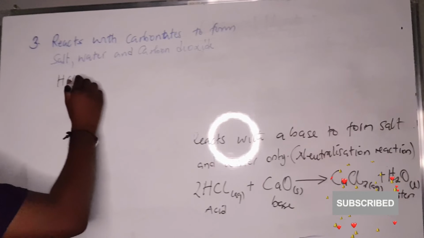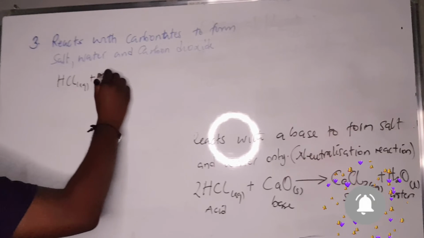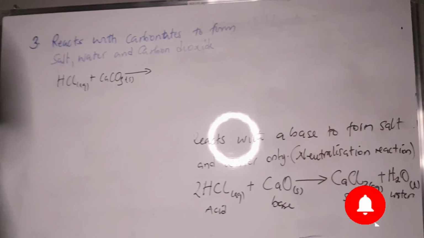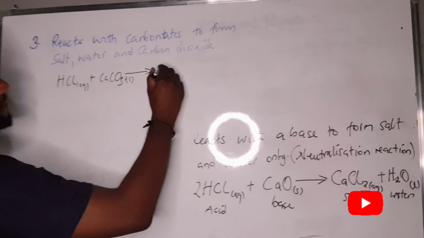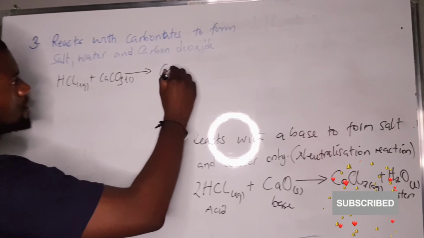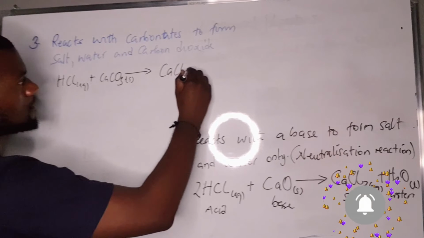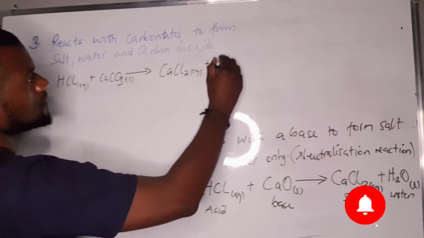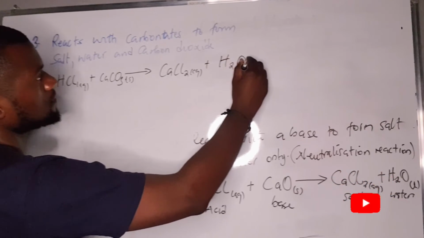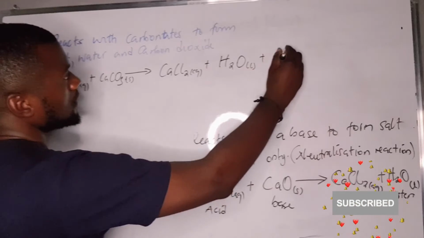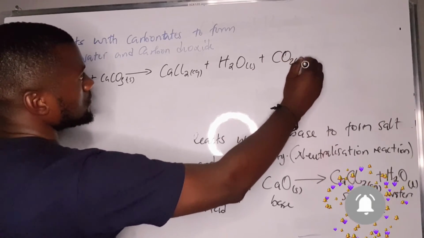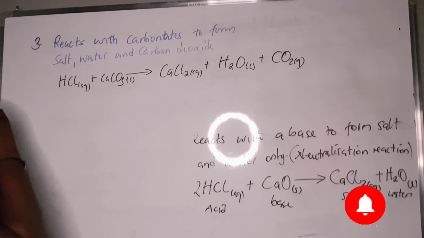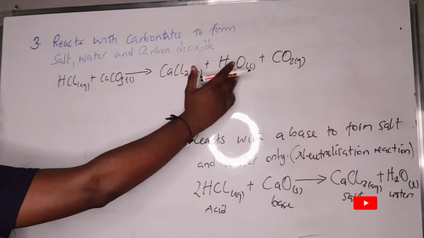reacting with a carbonate, say calcium carbonate, this is going to give us a salt, which is calcium chloride, water, and a gas, carbon dioxide. So this reaction gives us three products: salt, water, and carbon dioxide.